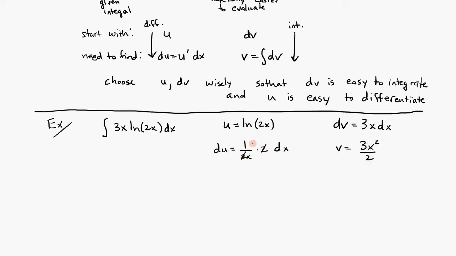So that means du is 1 over x dx, and then v equals 3x squared over 2. Now using integration by parts, the integral of u dv is equal to uv minus integral of v du.